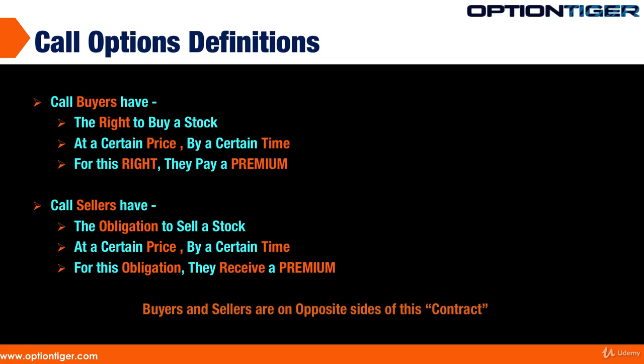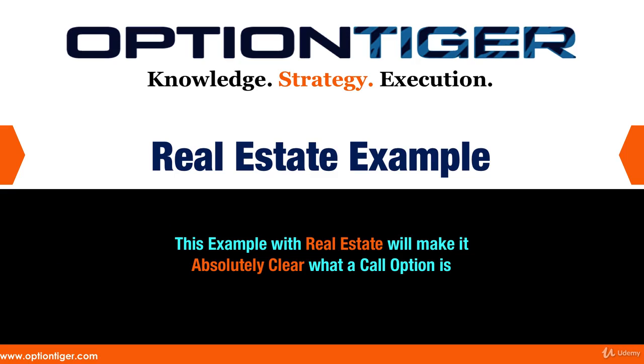Whereas the farmers who are the sellers of this call option, they had the obligation to sell the olive harvest at a certain price, which was 10, by a certain time, which was the 6 months. So should be quite clear from this example itself what a call option is. However, if there's any doubt, we are going to go into the real estate example now, and then it'll be very, very clear what we are talking about.